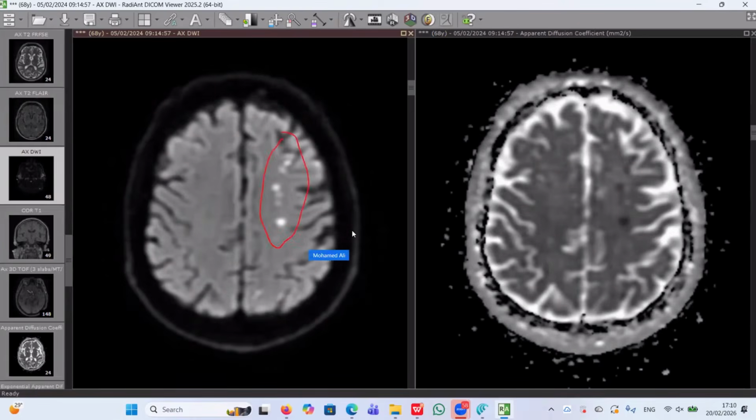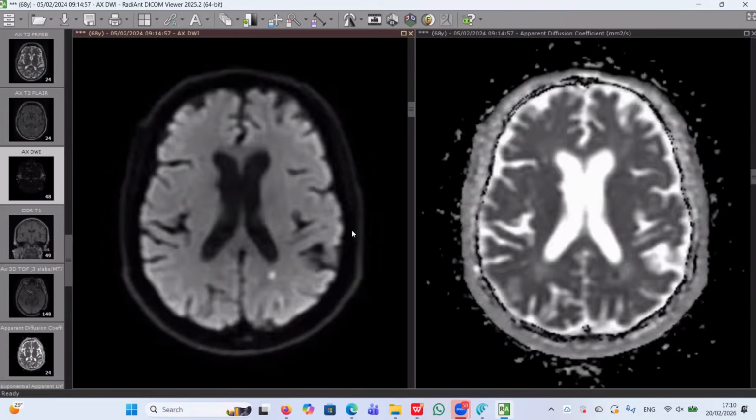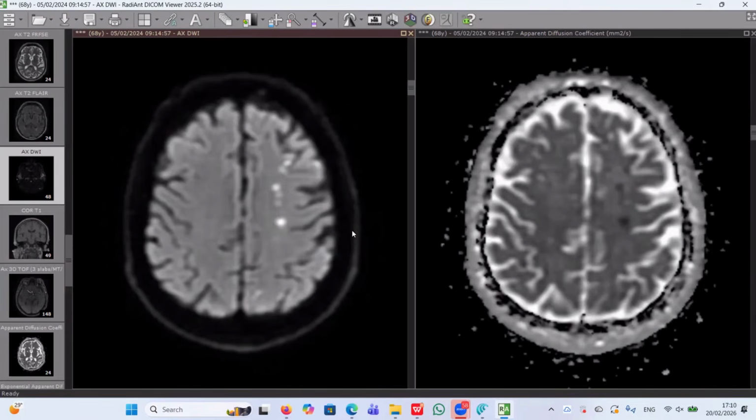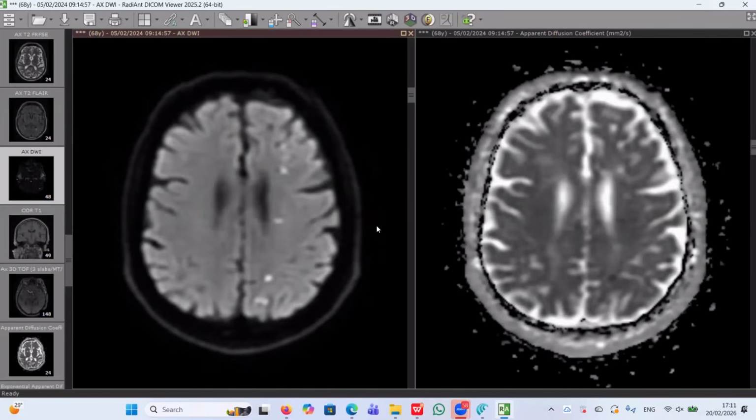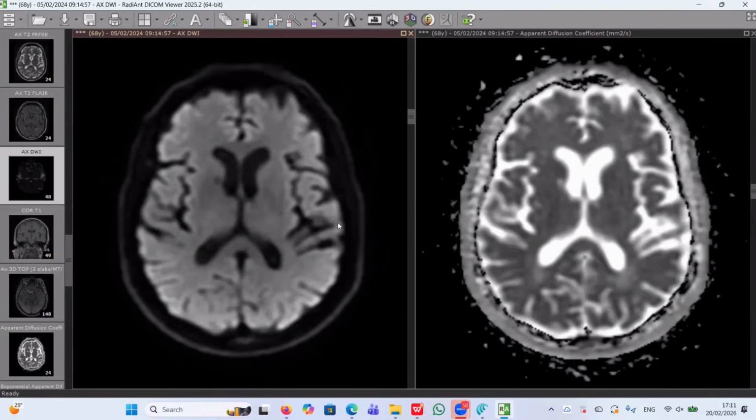So we have multiple nodular white matter lesions in the corona radiata and centrum semiovale, here in the centrum semiovale, here in the corona radiata. So we have multiple nodular lesions in a linear fashion. So this is in keeping with acute watershed infarcts, internal type.